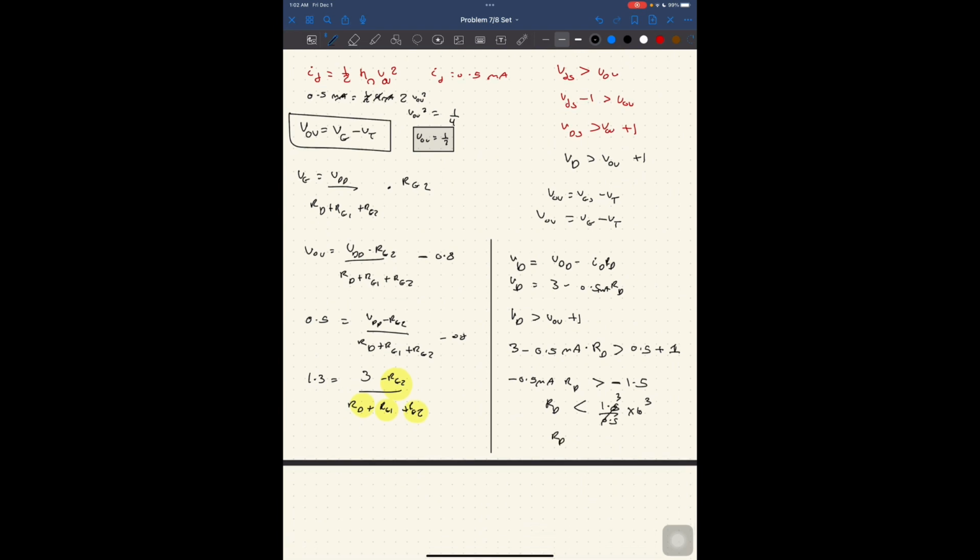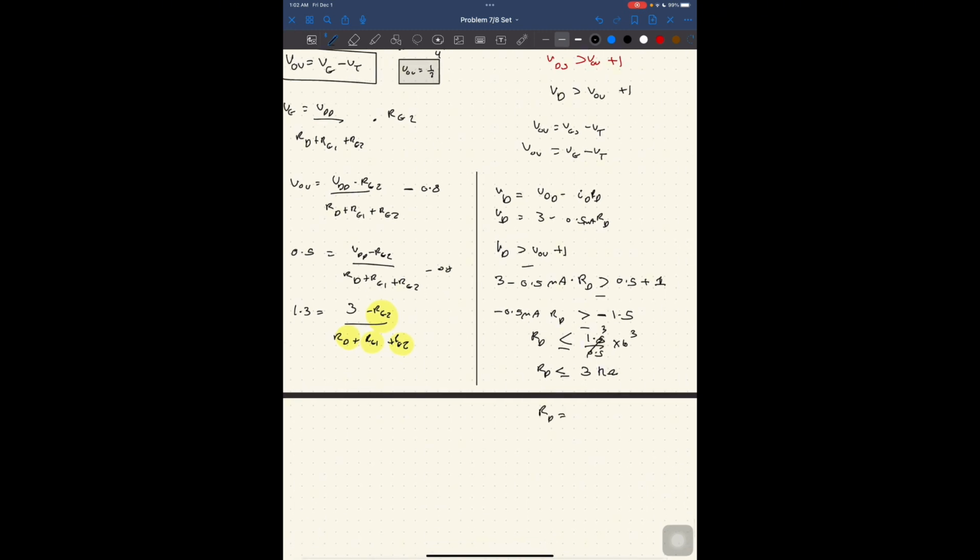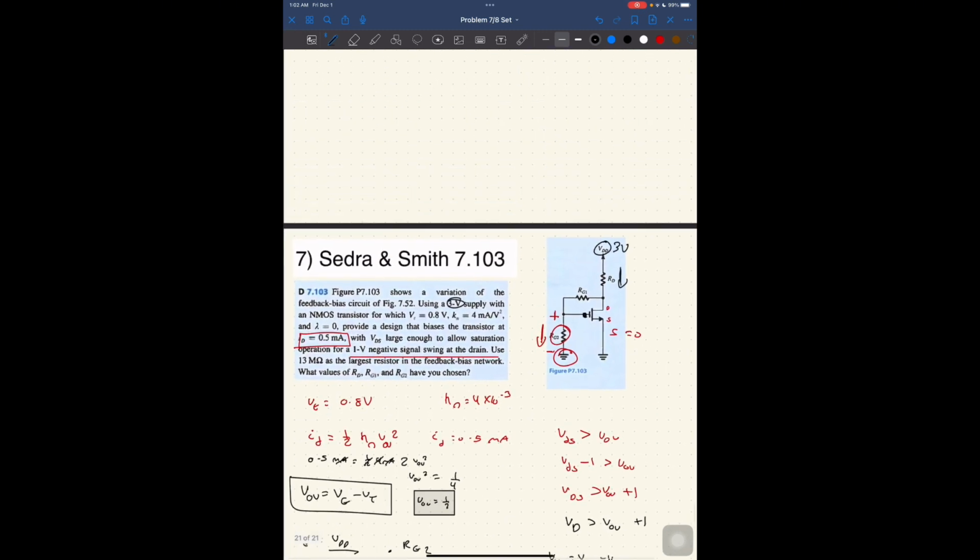So RD has to be less than or equal to 3 kilo ohms. So I'm just going to say RD is equal to 3 kilo ohms. Why is that? Because it asks us to use 13 mega ohms as the largest resistor in your feedback bias network. Okay.